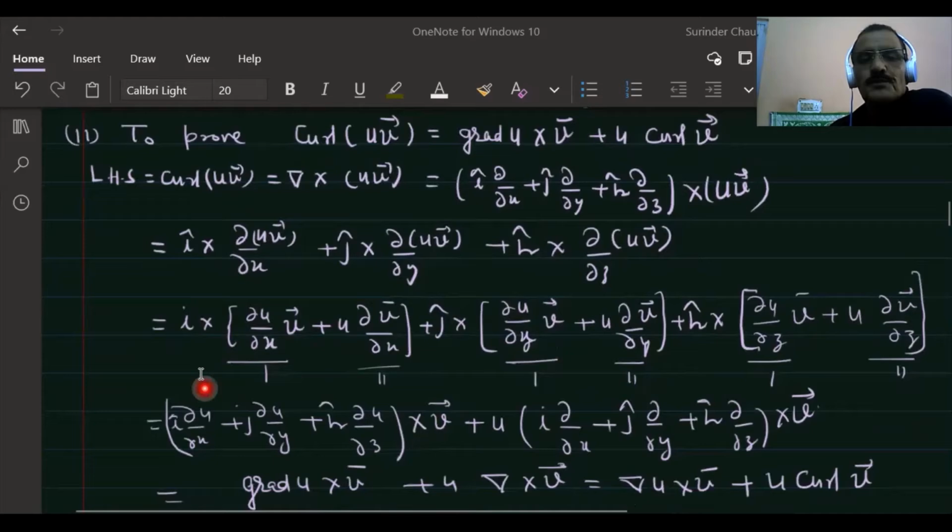So we are left with iota del u by del x plus j del u by del y plus k del u by del z, cross v is common. Similarly for the other three terms, u is common, u simple notation, no cross. Now this is iota cross here.